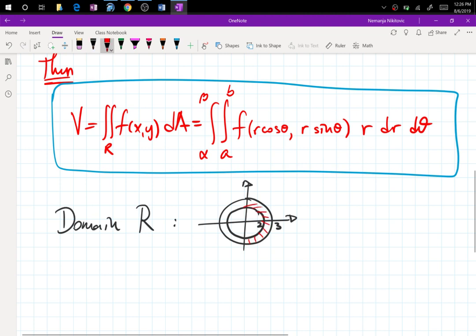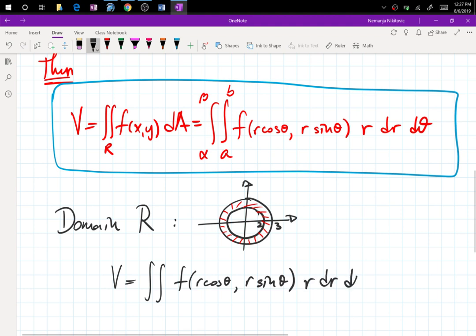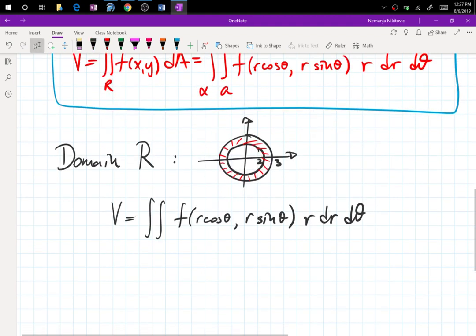So now, if you want to calculate the volume that is above this ring, we would set up our integral as volume is equal to double integral. Now, whatever your function is, I'm just going to keep this as r cosine theta because I'm just writing out the integral for the limits. Now, what do I have?